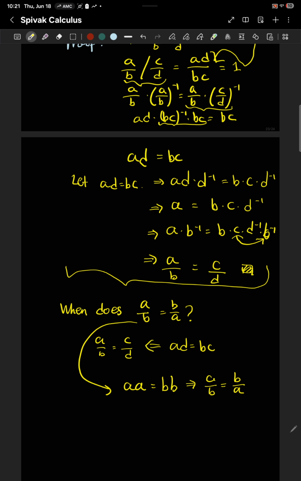I have to say that if AD is equal to BC, then A over B is equal to C over D. So using that fact, if AA is equal to BB, then A over B is equal to B over A. What does that mean? It means that A squared is equal to B squared.